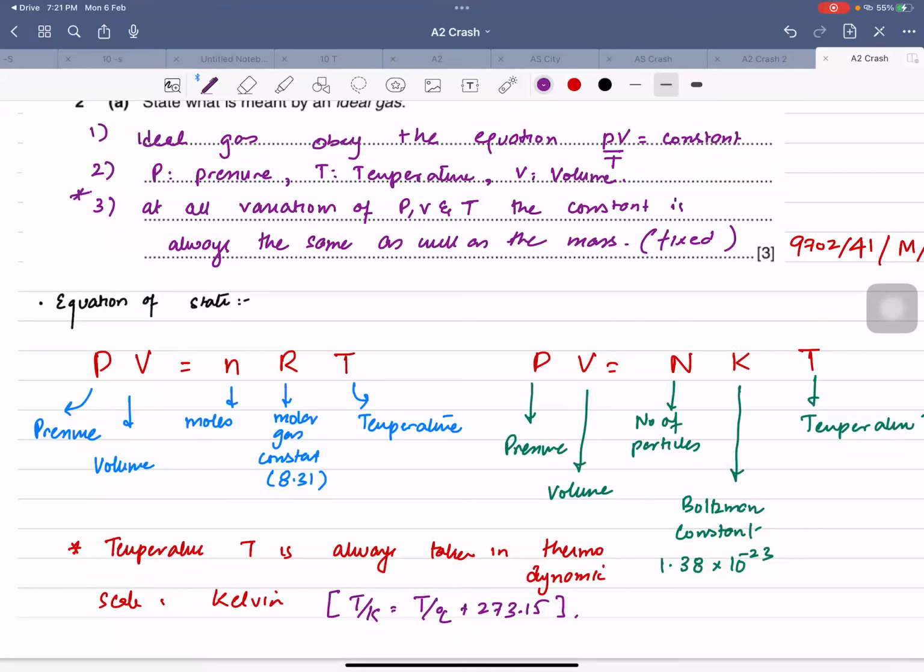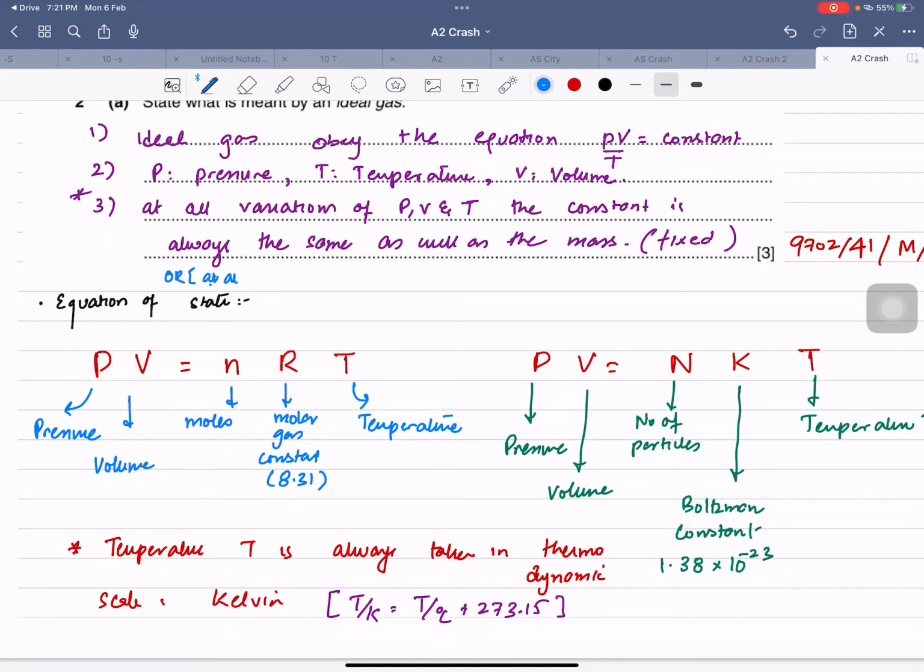In the previous question, state what is meant by ideal gas. You also mentioned something about moles. What were you saying? I'm saying even if you write, you could say or, let me write or. You could say at fixed moles. Okay, let me write it down.